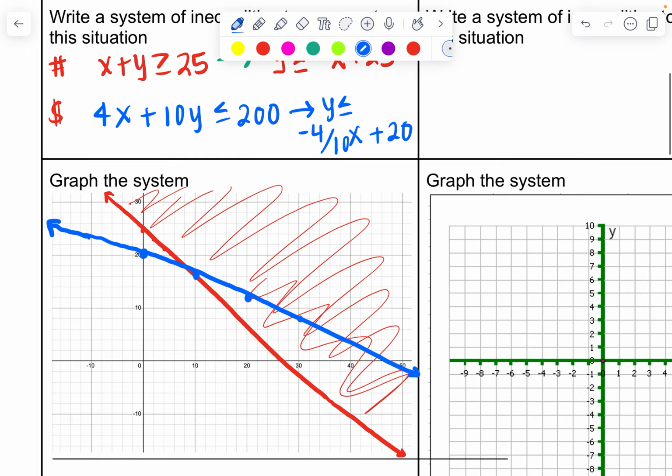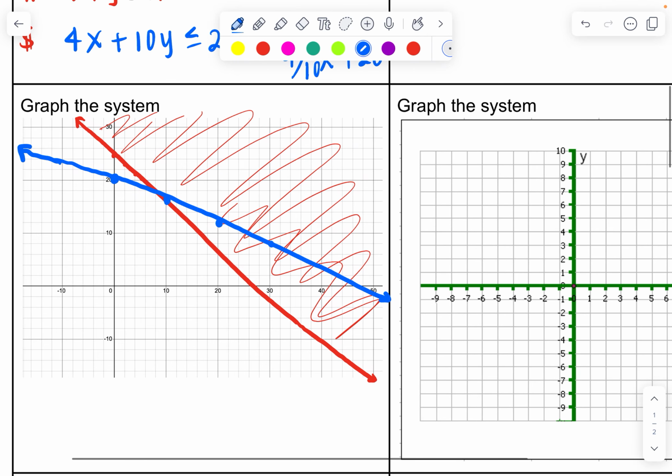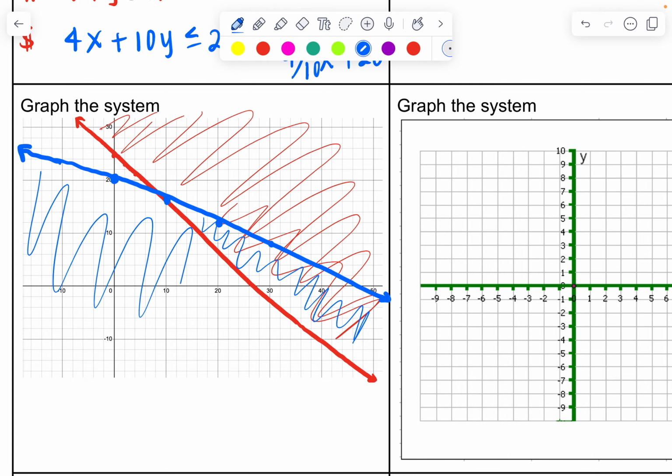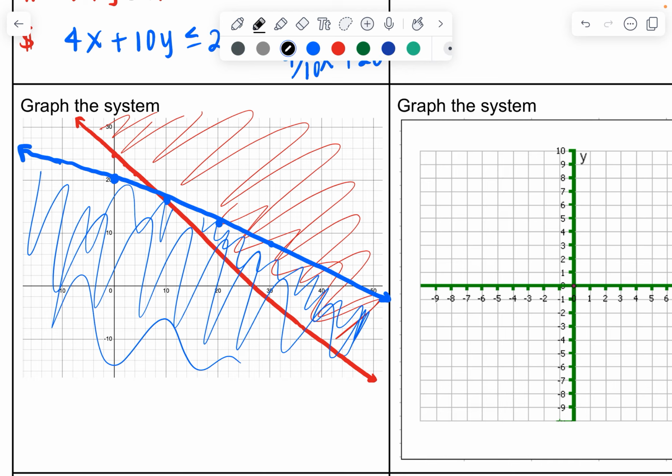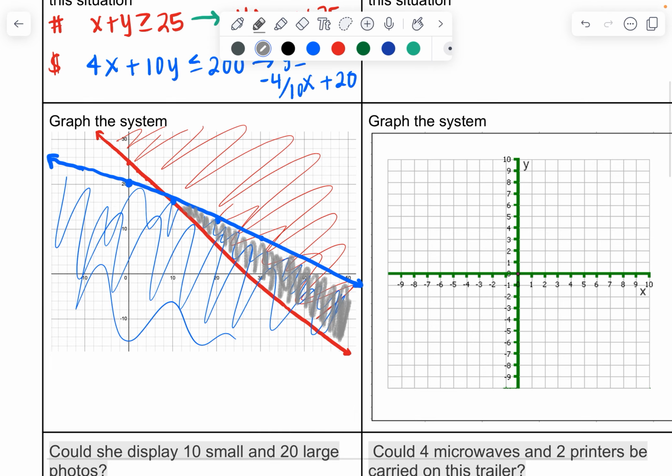That one is less than or equal to. So down here, everything under the blue. Remember, we're looking for the shade or for the overlapping region. So this is the part where it would overlap. So anything in that gray area could be a combination of small and large pictures.